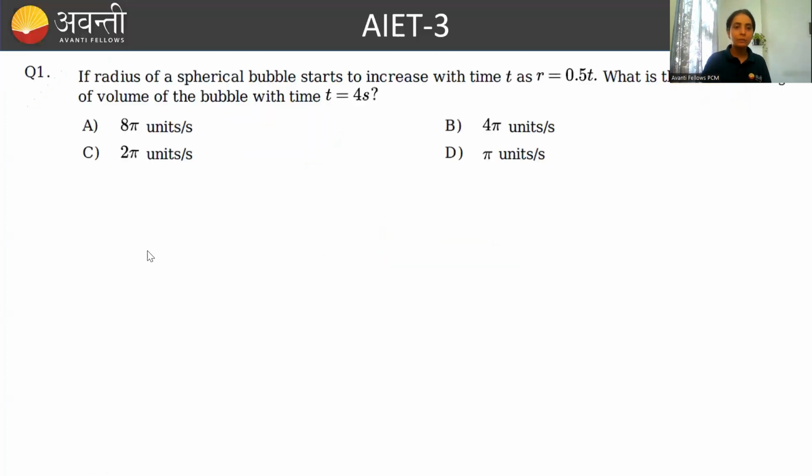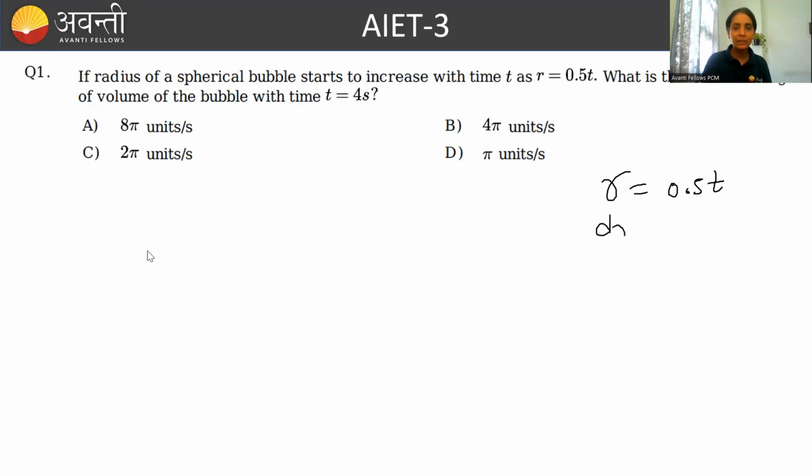Okay. So the very first question is the very first question of the test, and let's read the question. If the radius of a spherical bubble starts to increase with time t as r equal to 0.5 t, what is the rate of change of volume? So the question is very simple. Radius is changing with time, and this is given as 0.5 t.